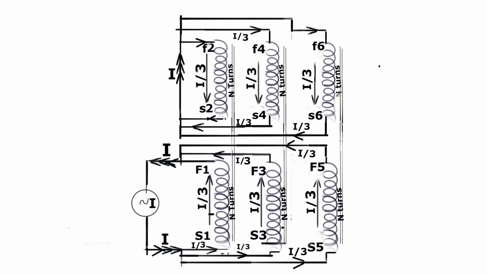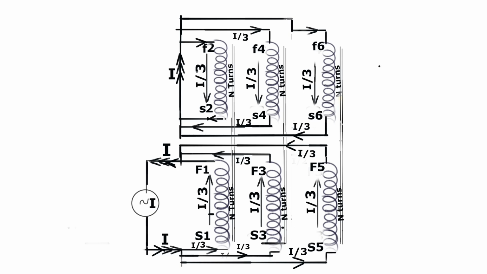The next step is to insert two more similar windings in the third limb of the core. Now winding 5 and winding 6 occupy the third limb with the same number of turns.